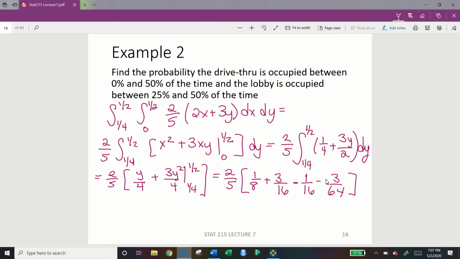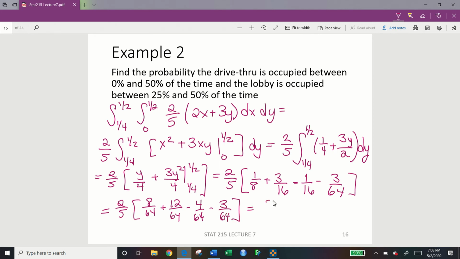Yes, that looks right. All right, to make this a little bit easier on myself, I'm going to change this so that we all have the same denominator. So we're going to have 2/5 multiplied by 8/64 plus 12/64 minus 4/64 minus 3/64.